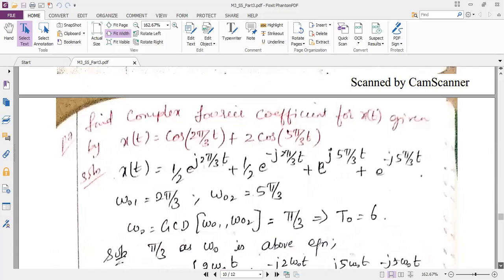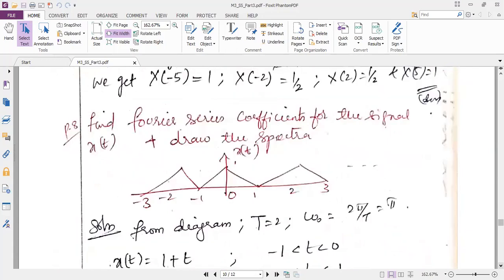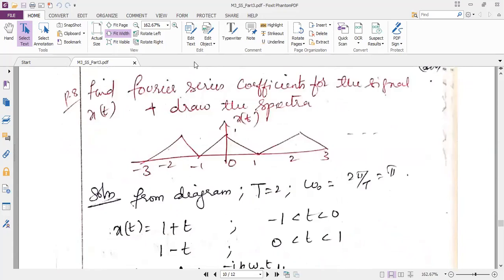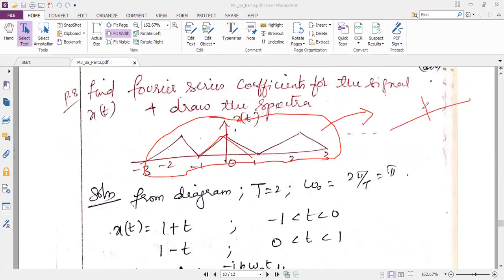Yes ma'am. If you refer to any old question papers, you will get problems in this third module for Fourier series for any type of graph like this. This is your triangular graph, and you may get a square signal, or a ramp signal.